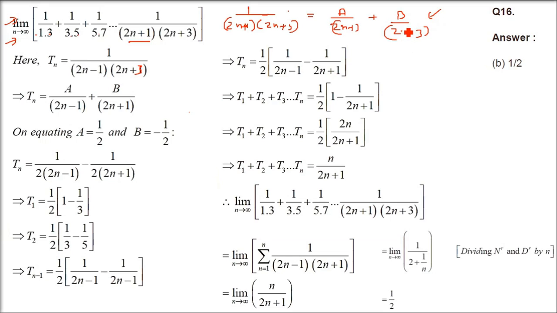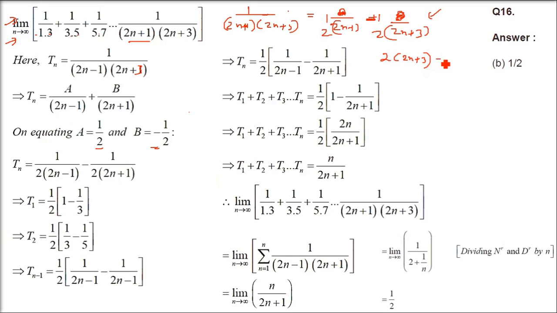And if you don't know partial fraction, you have to revisit that. I'll give you a hint here: we have to multiply a with 2n plus 1, b with 2n minus 1, and numerator you have to equate with the right hand side. Then you'll get a and b value.